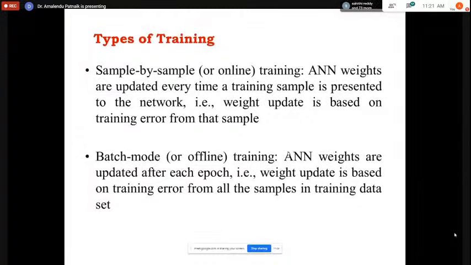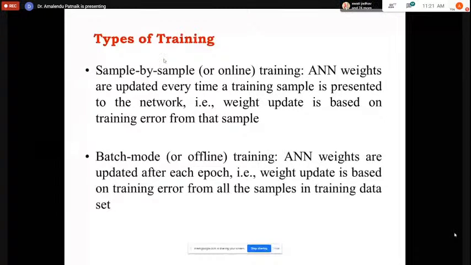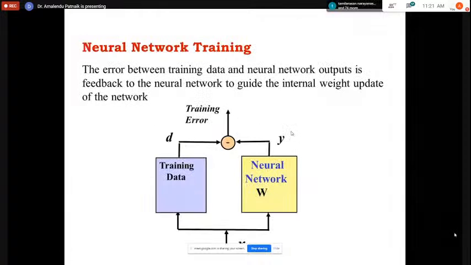There are 2 different types of training methods available, online and offline. It's better to go for the online mode of training. That means you update the weights, and the weight update is based on the training error from that particular sample.